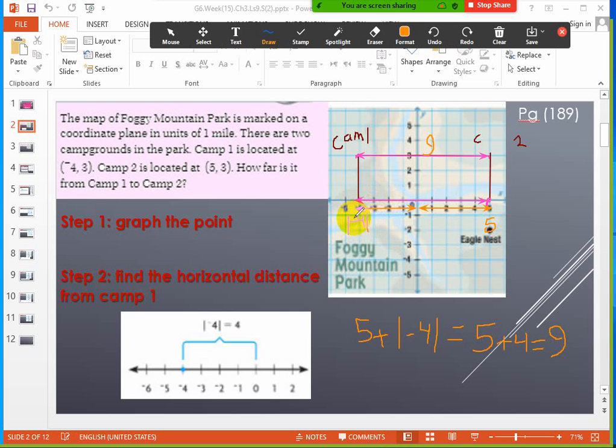So the absolute value for -4, it's 4. Now, what is the distance from this point and 0 point on the x-axis? It's 5. So to know the whole distance, I have to add the first x, the x1, and the x2. It will give me what? It will give me 9.